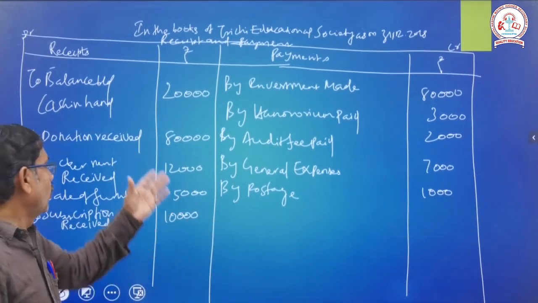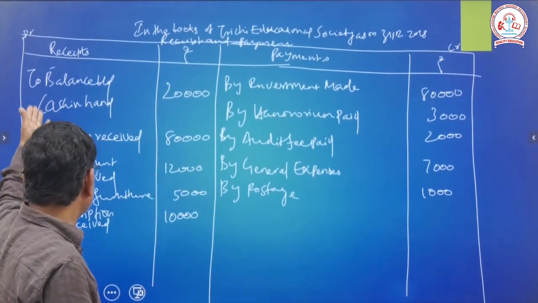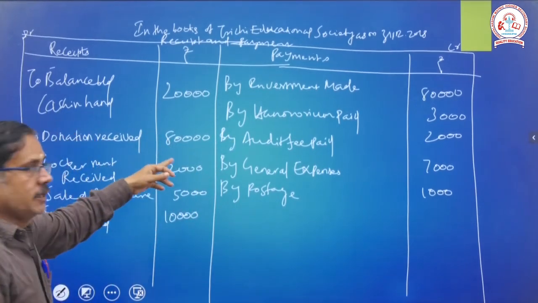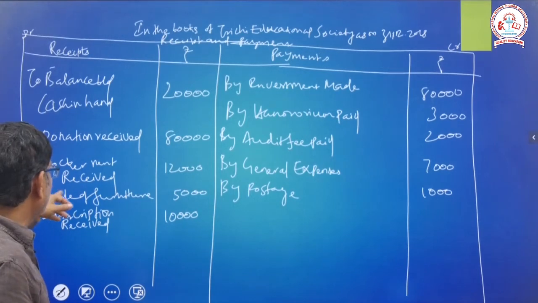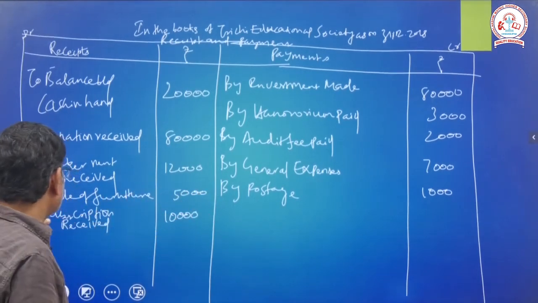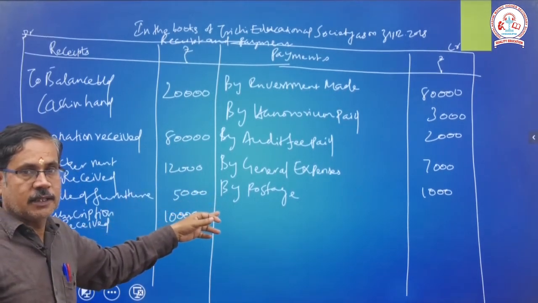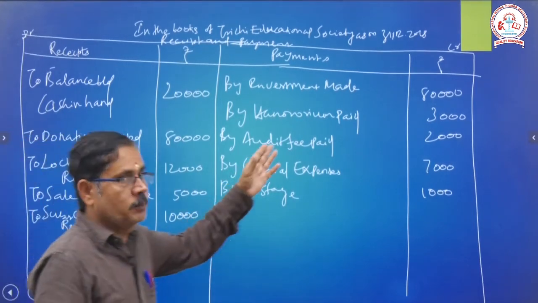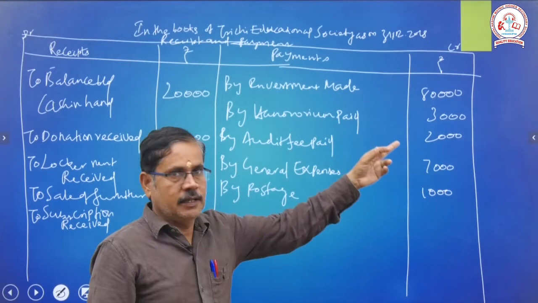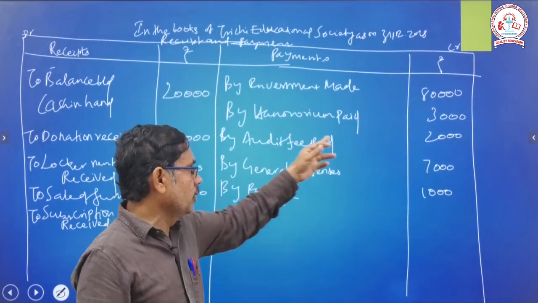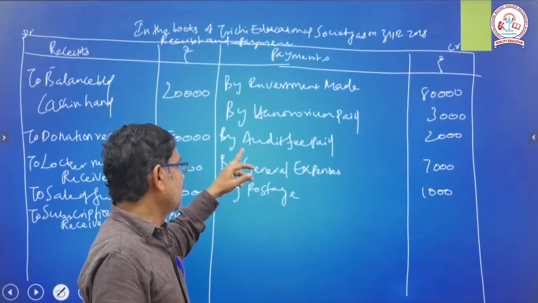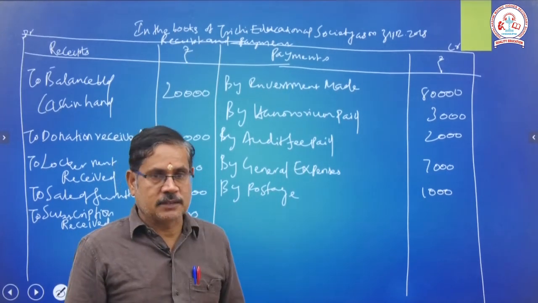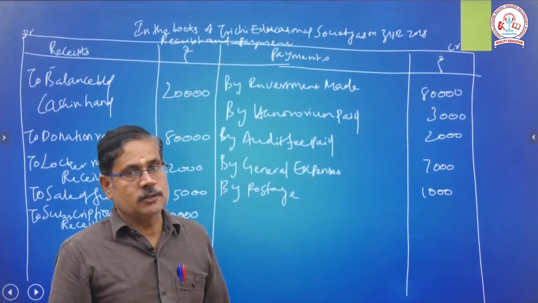Now, we entered all the values. On the receipt side we entered opening cash balance 20,000, donation received 80,000, then locker rent received 12,000, sale of furniture rupees 5,000, subscription received 10,000. Now, we will move on to the payment side: investment made 80,000, then honorarium paid 3,000, then audit fee paid 2,000 and general expenses paid rupees 7,000, then postage rupees 1,000.